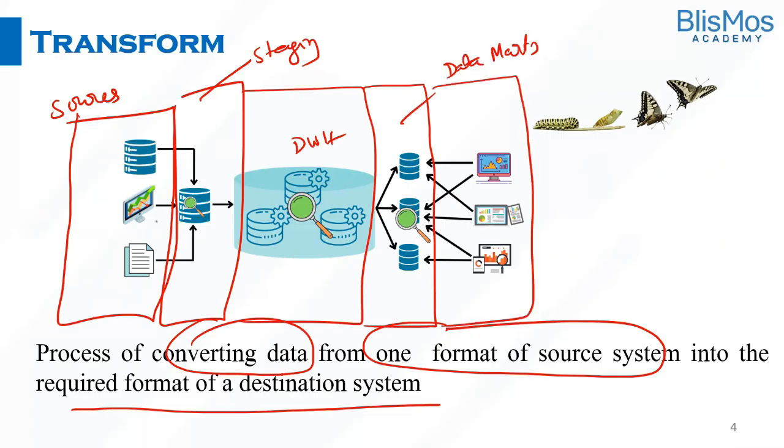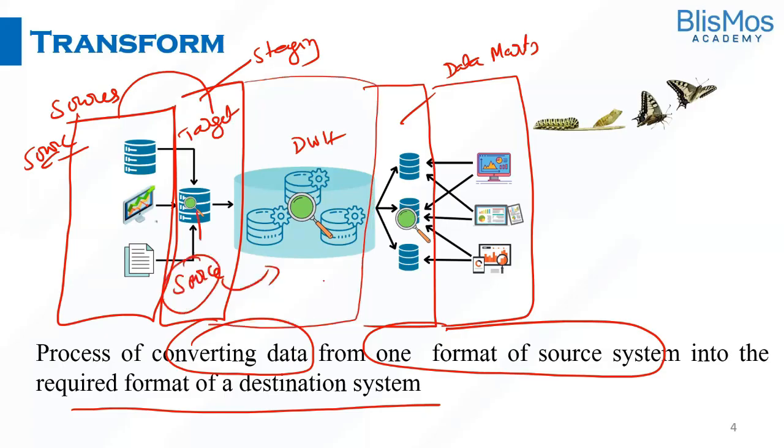When we move the data from sources to staging, source systems are the source and staging area is the target. But when we move the data from staging to data warehouse, staging area becomes the source and data warehouse becomes the target or destination.